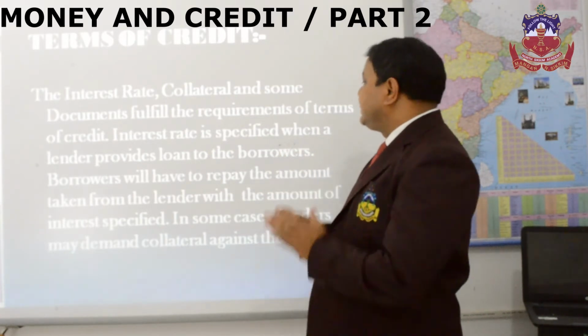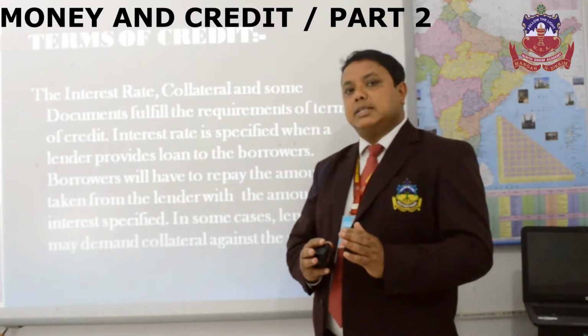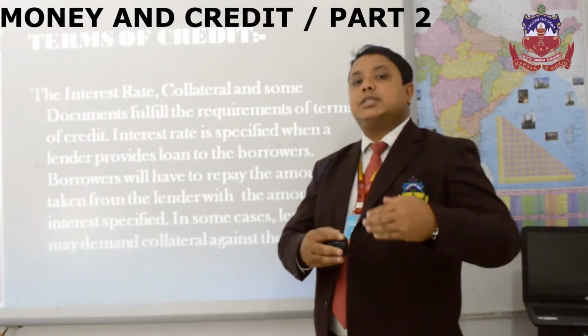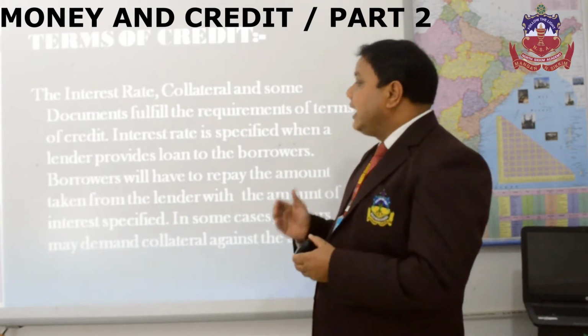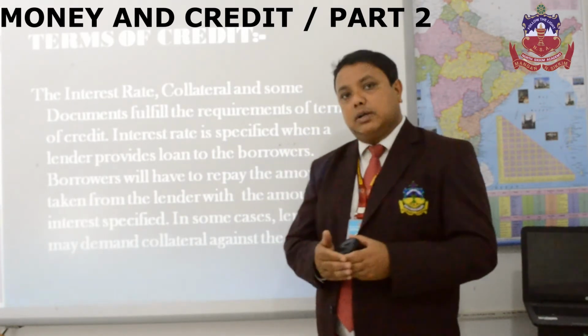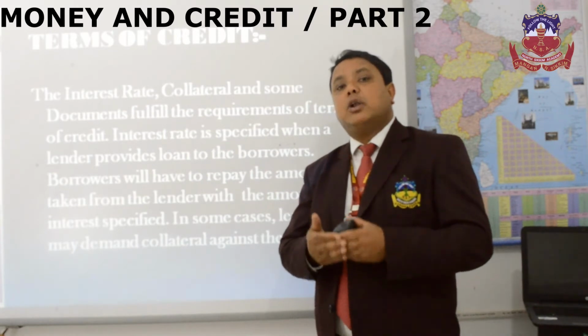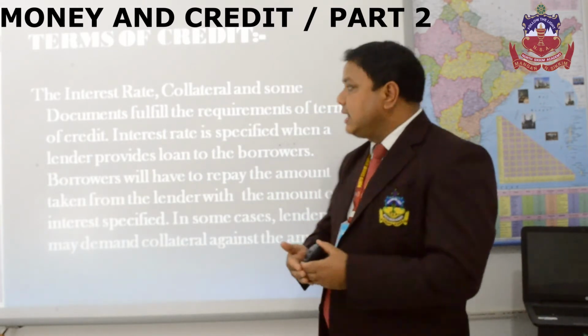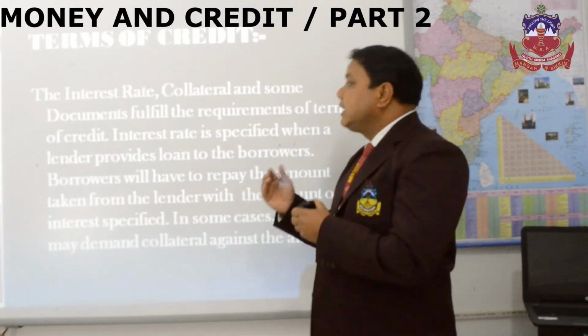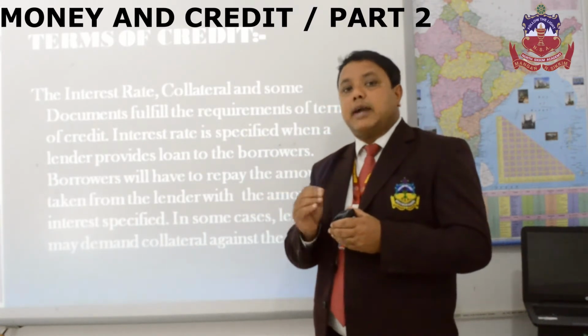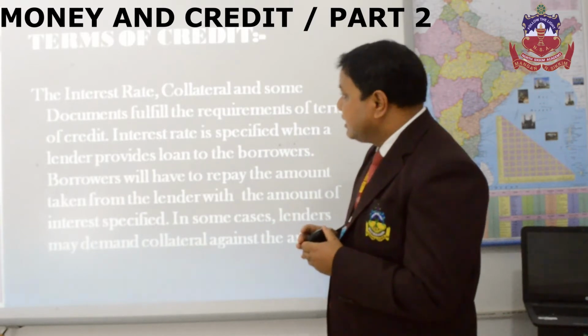Interest rate is specified. That means the interest rate which is imposed on the principal amount is specified when a lender provides a loan to the borrower. When a person wants to get credit or a loan from anybody or any organization, they have to go through different things, and one of the important criteria is the interest rate.